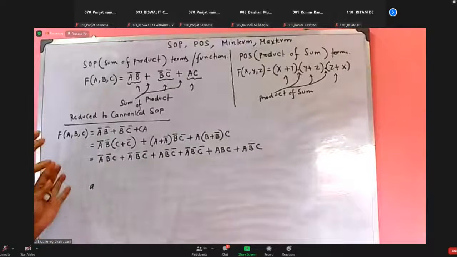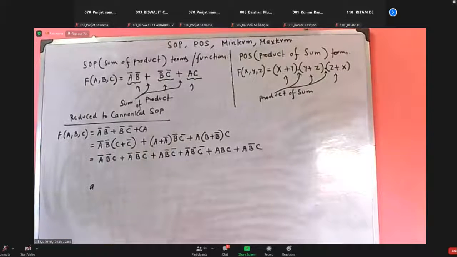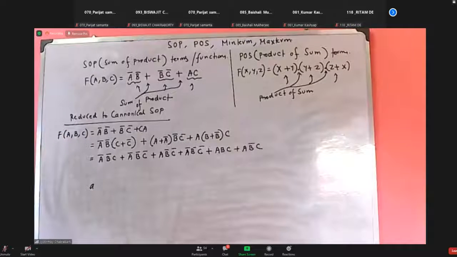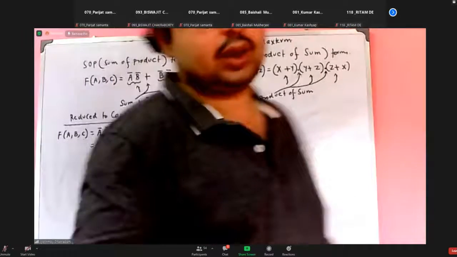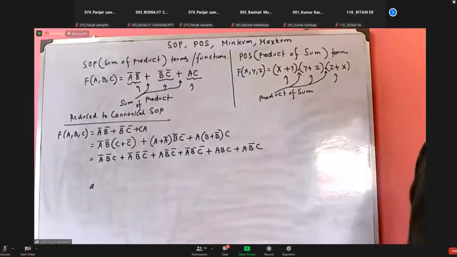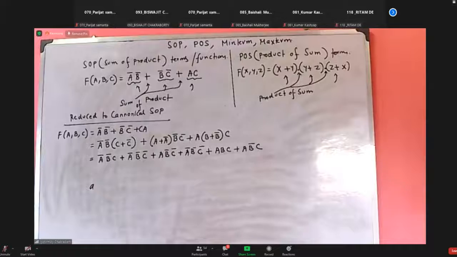So now, after applying this distributive law, what you have to check? You have to check which two terms are common. Is there any common term?